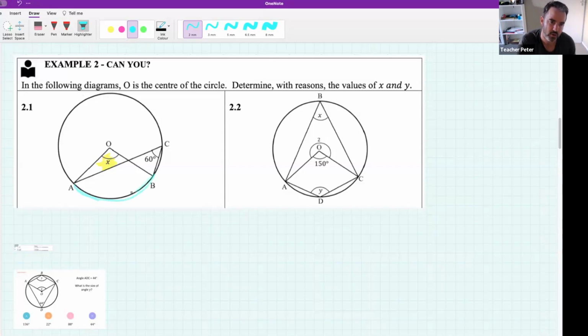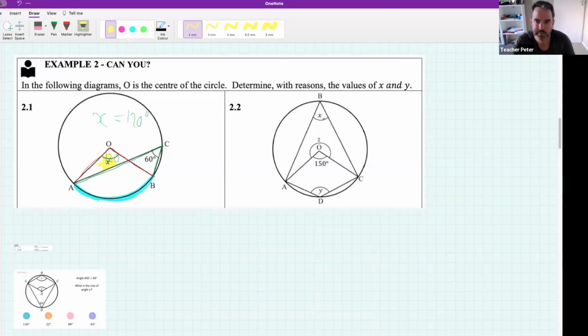Here is the arc on which the angles are based, and the angle at the center is here, and the angle at the circumference is there. So you do know that that is 120. Yes, X is 120.